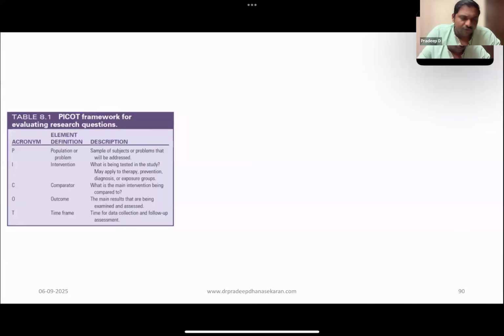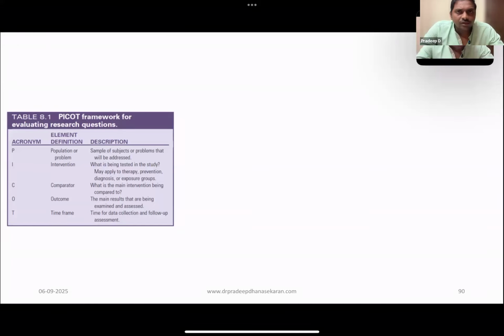This is the PICOT framework. Whenever you are trying to come up with a research question, this is the framework you should use. P stands for population or problem, like the sample of subjects or the problems that will be addressed. That should be generalizable or acceptable.